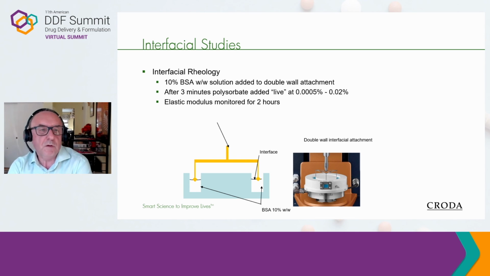In this study, we're using 10% BSA added to the vessel, and then we're adding surfactant at small concentration increments as an aqueous solution, giving an overall dose ranging from 0.0005% weight for weight all the way up to 0.02%. These were added at 3 minutes, and we then monitor the live changes to the surface elasticity for a further 2 hours.